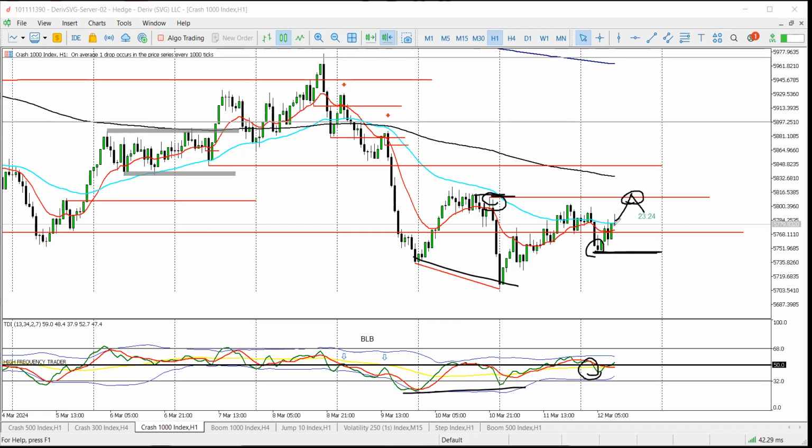Because as long as we come above the 50 EMA, the trend will be potentially bullish, and price will potentially be coming up to any of these areas where we will potentially sell from. So it's either we sell from here or we sell from here. In here only if we get a pattern, then a safe sell for me is here if price sells from here. So that's my view on C1.